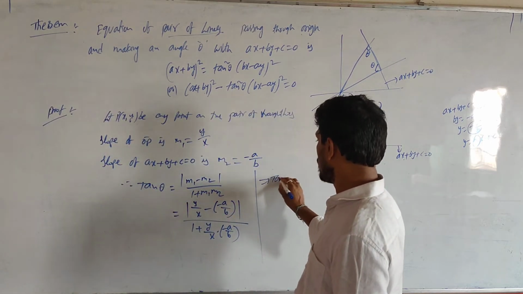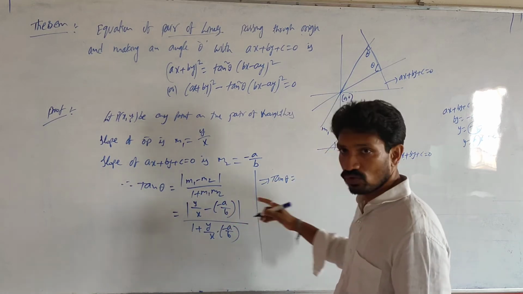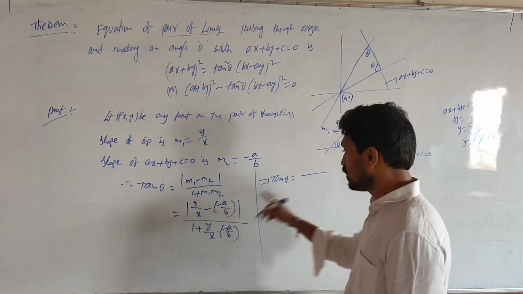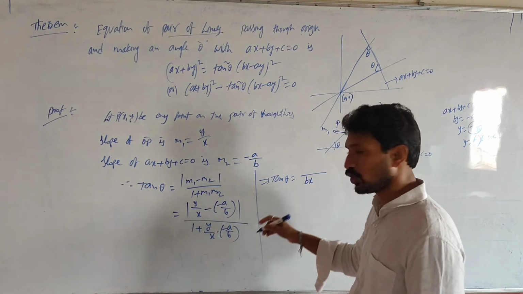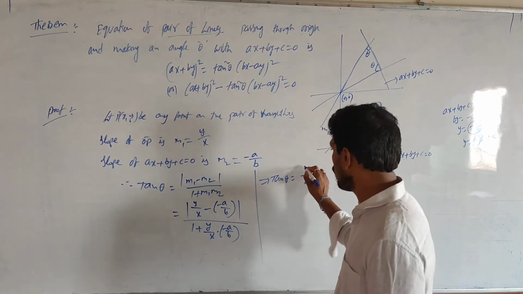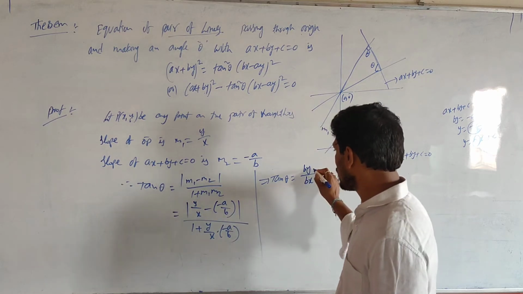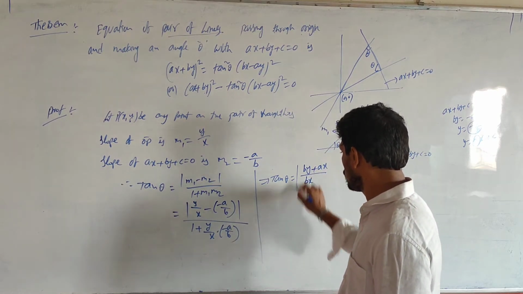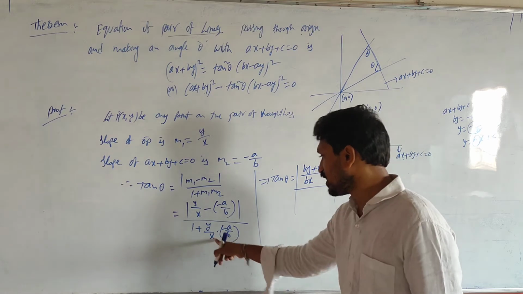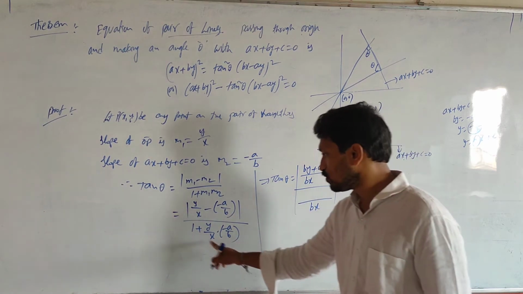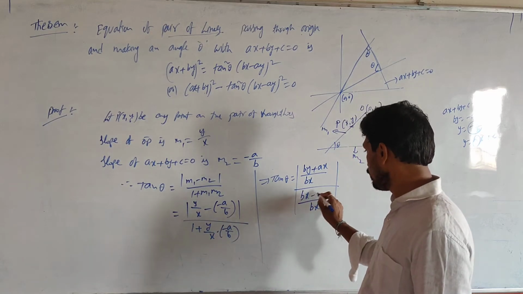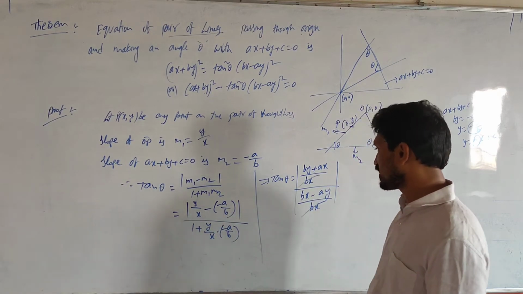This implies tan theta is equal to, see here, take the LCM, minus into minus is plus only, x into b, bx is the LCM for the numerator, and it is by + ax, whole by, it is again xb is the LCM, or bx you can write, so bx into 1, bx only minus ay, this bx cancels.